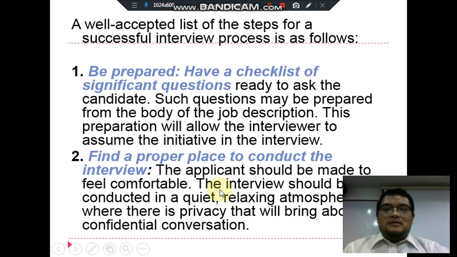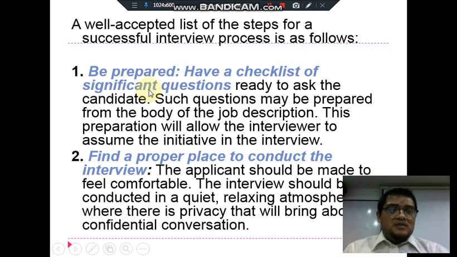Guys, these are the interview tips for the interviewer. So as the interviewer, number one, you should be prepared with your questions. Ask significant questions. Guys, I have been the interviewer a few times, and my boss taught me how to do the proper interview.